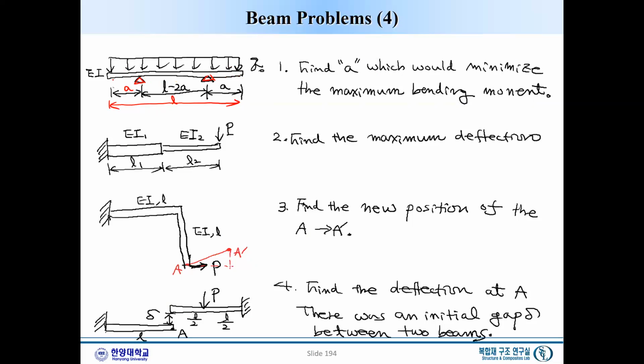And from x equals 0 to x equals L, there is a uniform distributed load q0. So you know what the governing equation will be, right? And now there are the 2 simple support positions, and the question is to find a, this a, which would minimize the maximum bending moment.